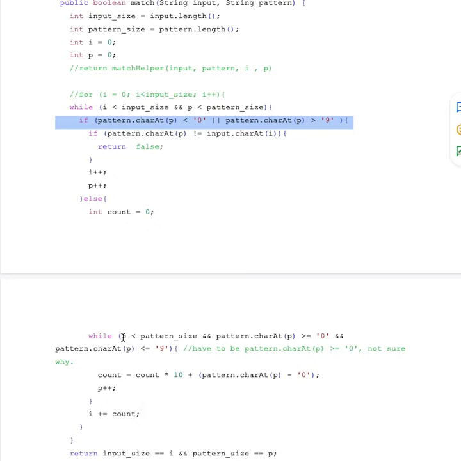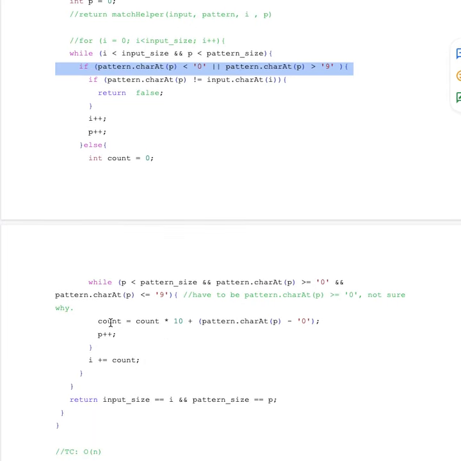When the P index, the pattern index, is smaller than the pattern size and the pattern character is bigger than 0 and smaller than 9, it means the ASCII letter is in the 0 to 9 digits.